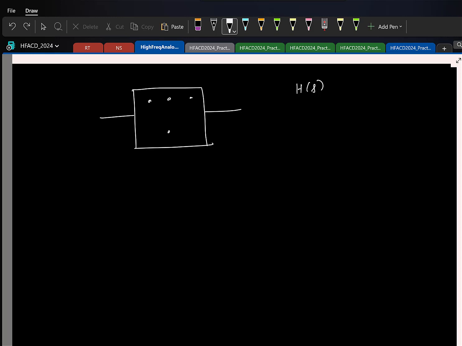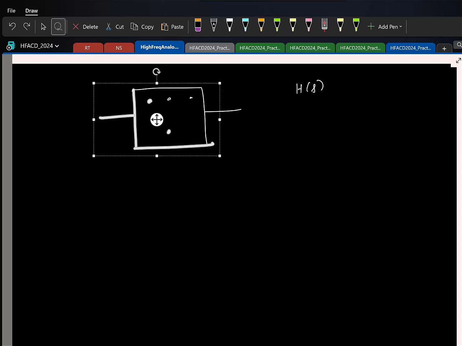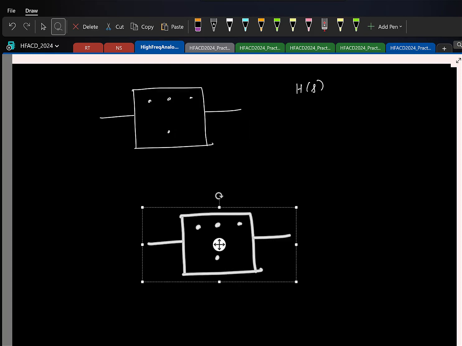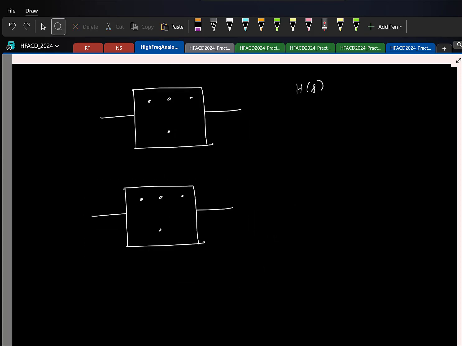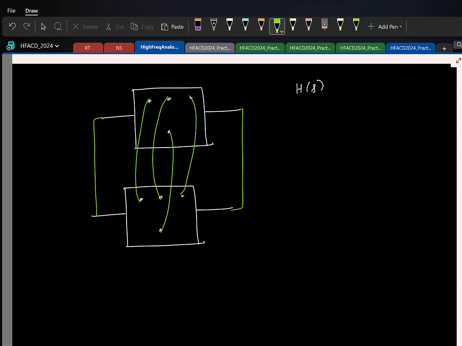For that, what you do is the following: you take an identical copy of the same network, and then connect all nodes one by one like this. That is basically putting every element in parallel.